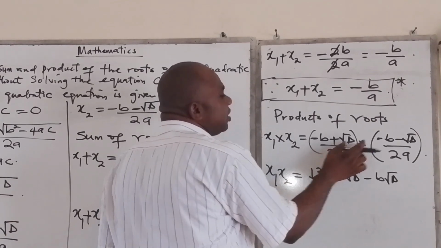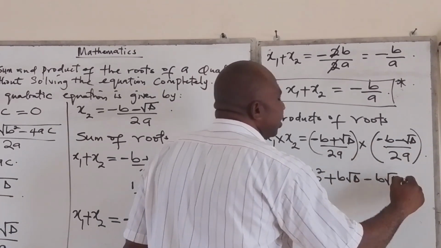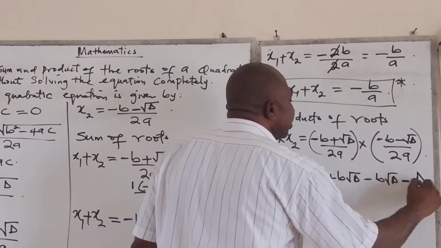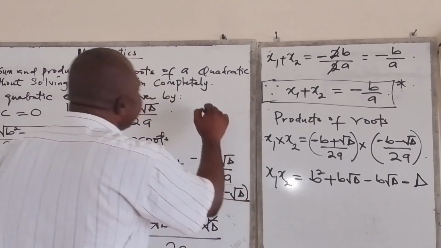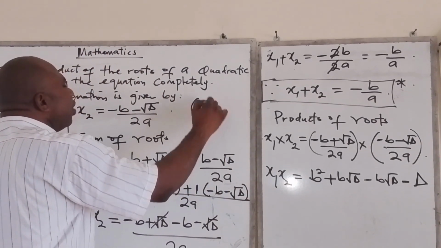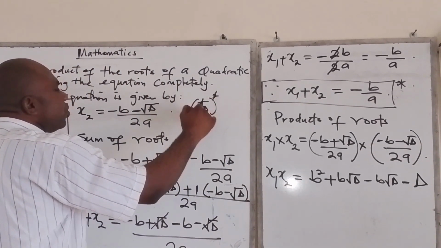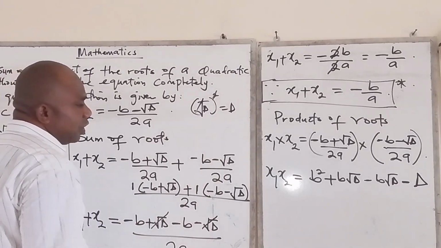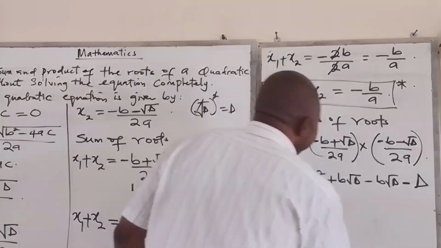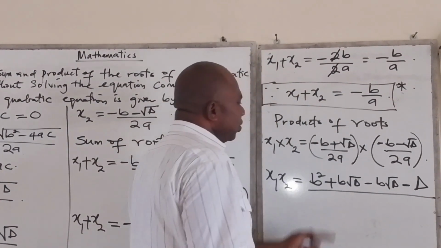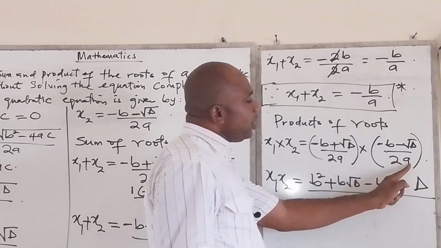Now the square root of d times minus the square root of d gives us minus d, because when you have the square root of d all squared, the square cancels the square root and you'll be left with d. So now the whole of this is divided by 2a times 2a.